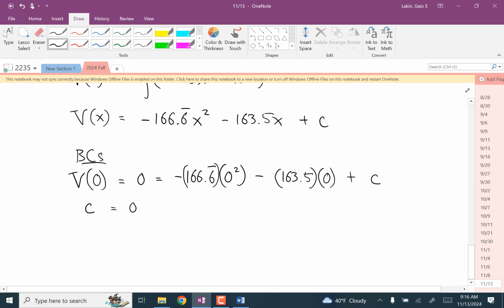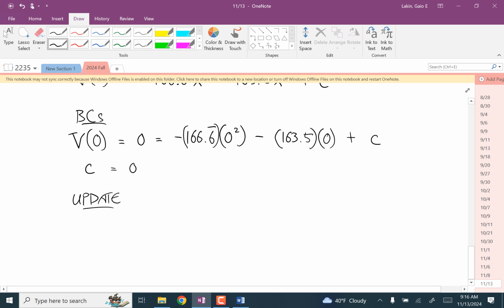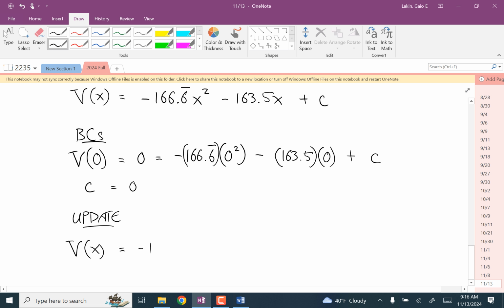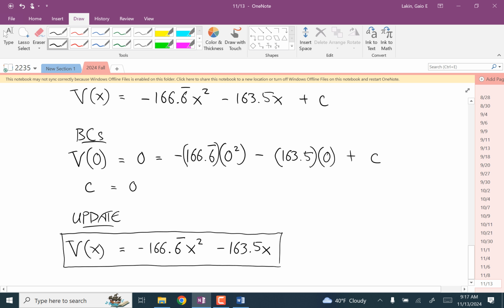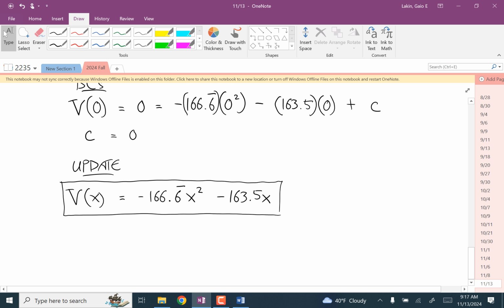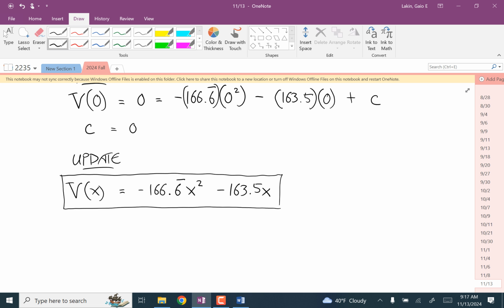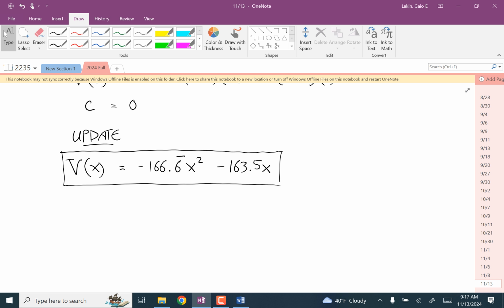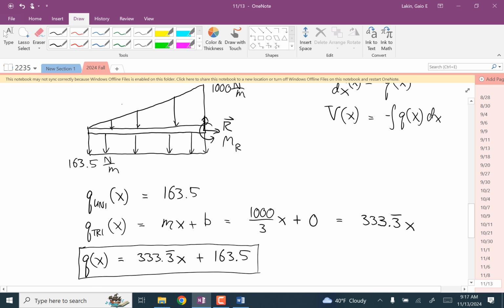Okay, and so now I'm going to update this function. We know that the shear force is negative 166.6 repeating x squared minus 163.5x. And now we're going to go to the second one.